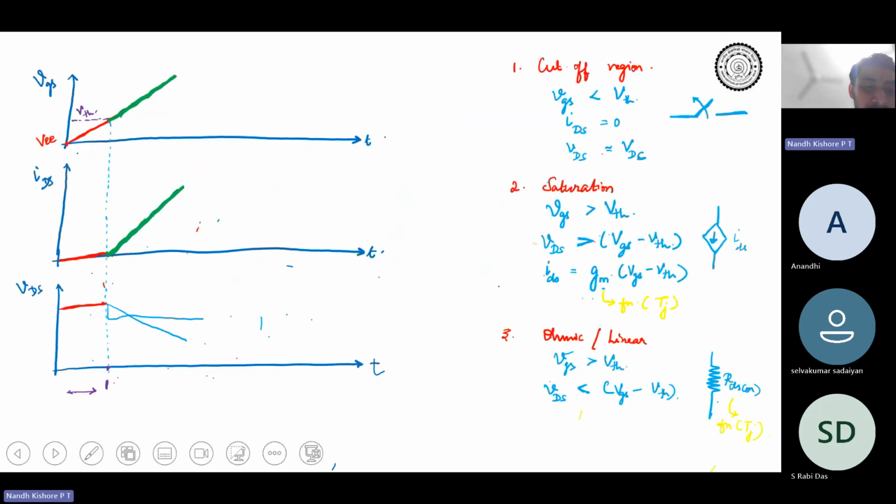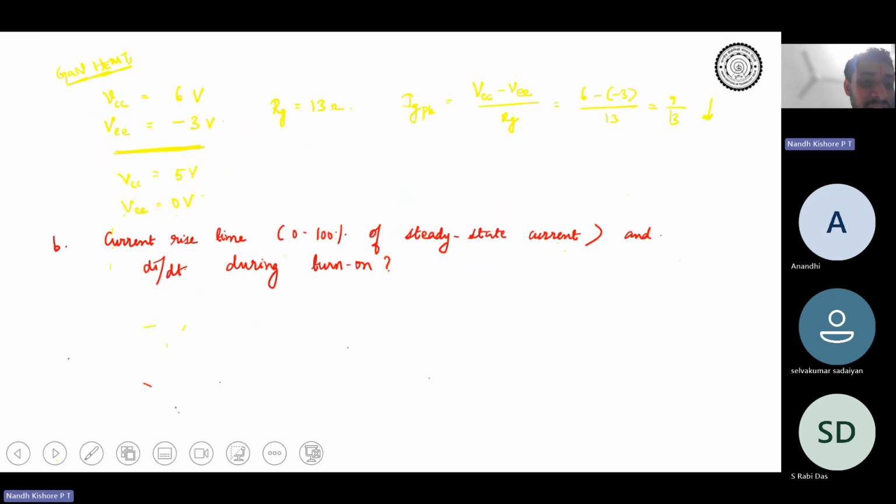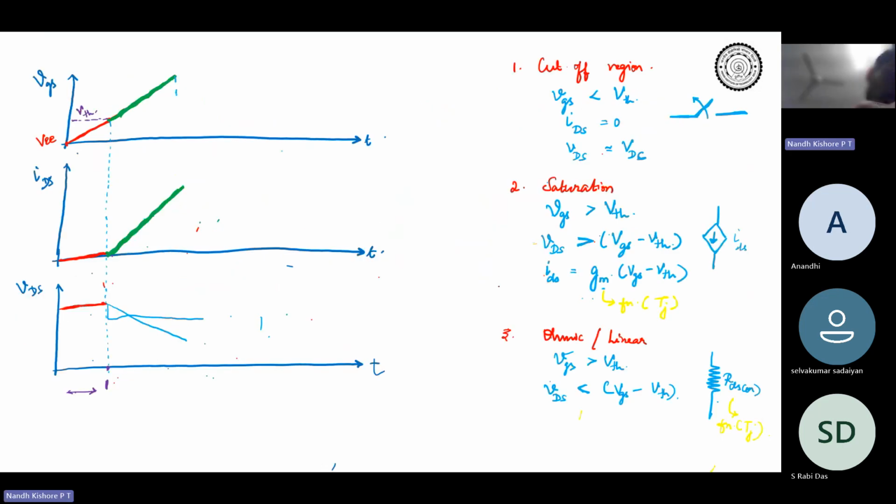The point at which S2 starts carrying the entire load current defines the end of this interval. Let me call this 2.